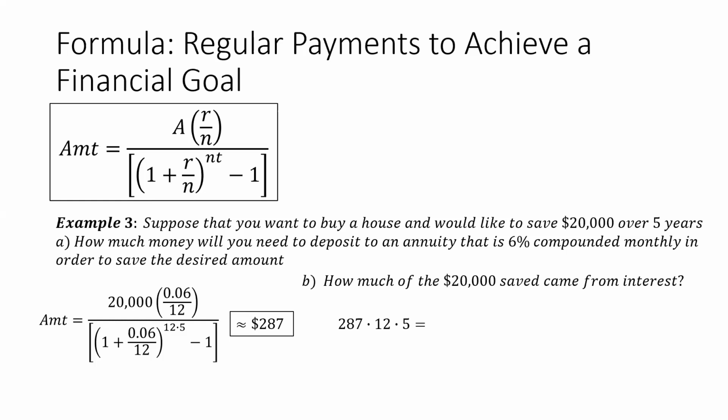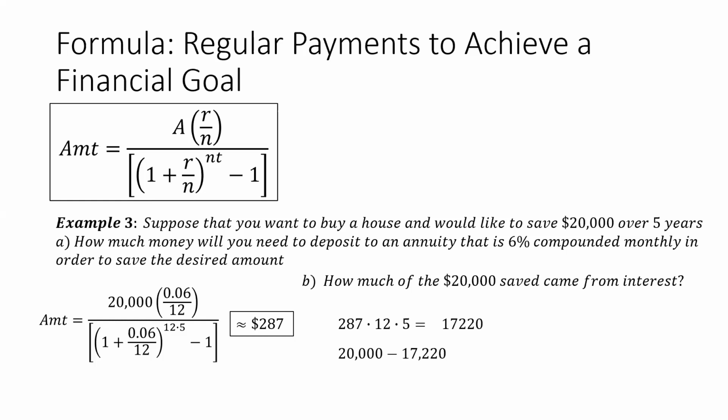I did that for 5 years. So if I do 287 times 12 times 5, this is very much like what we did with the cups of coffee question 2 sections ago. I multiply all of these together and find out how much I've actually put into the bank account: $17,220.